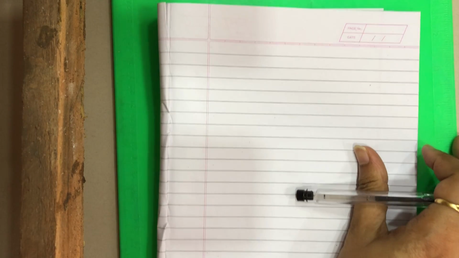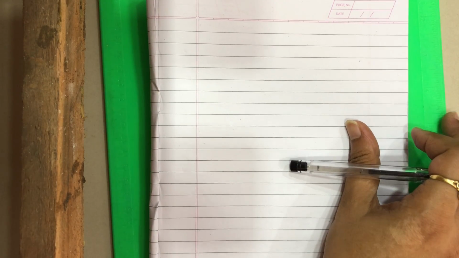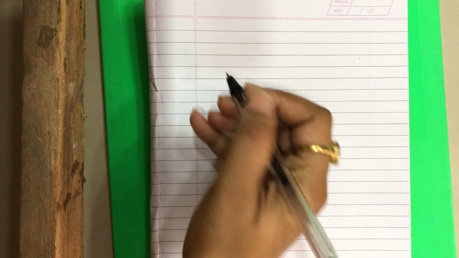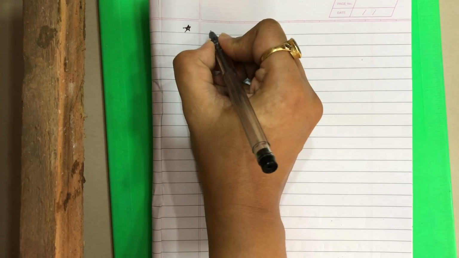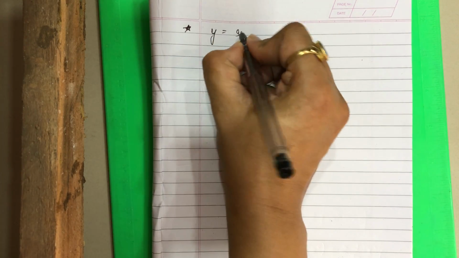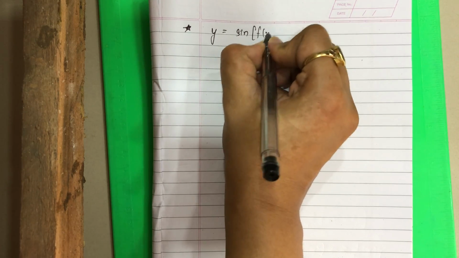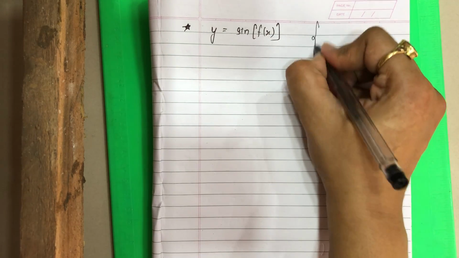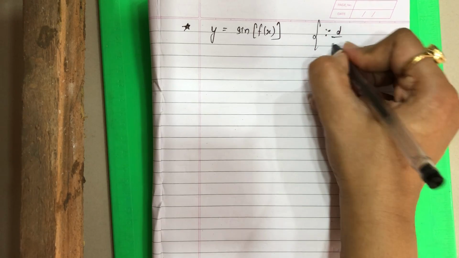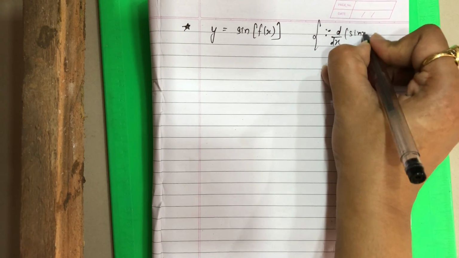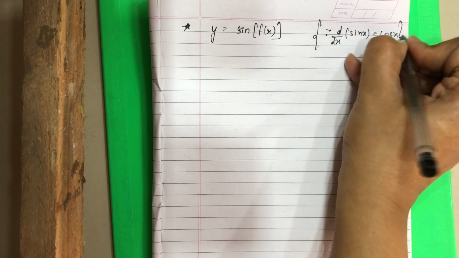After this example, we are taking the second formula of the trigonometric composite function. So I'll explain that. That is y is equal to sine of f(x). We already know that in simple function d by dx of sine x is equal to cos x.